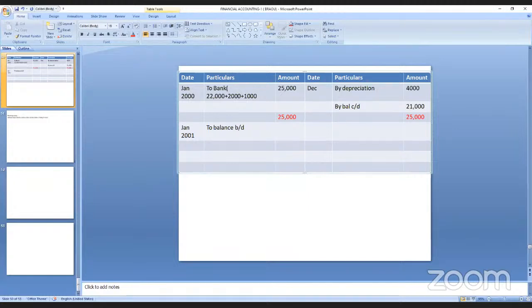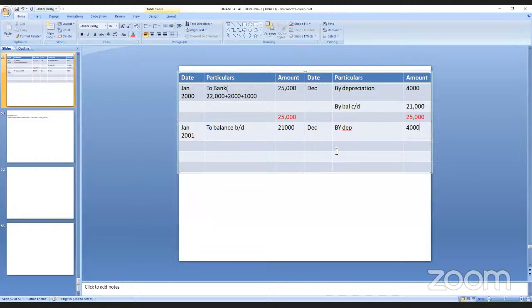How much? It is 21,000. And in December, by depreciation. By depreciation, how much? It is 4,000.